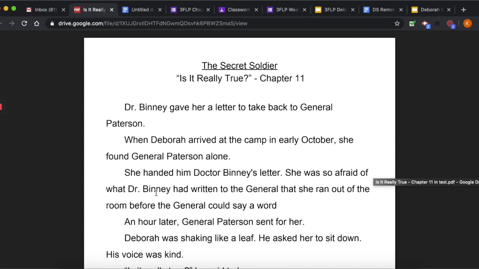Instead, we have to use what we already know in our heads and what we've learned. So we want to think about what we know already and what we've learned in this book so far, what we know about Deborah and what she's been doing, and we're going to smush those together and think about why she, specifically, Deborah, was shaking like a leaf.